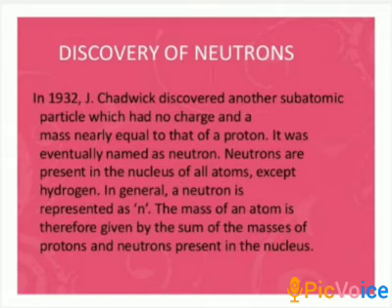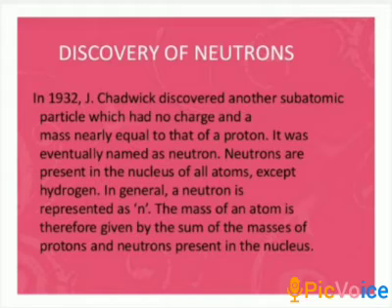Okay. Now, discovery of neutrons. After the discovery of protons and electrons, it was noticed that all the mass of an atom cannot be accounted for on the basis of only protons and electrons present in it. For example, a carbon atom contains 6 protons and 6 electrons.